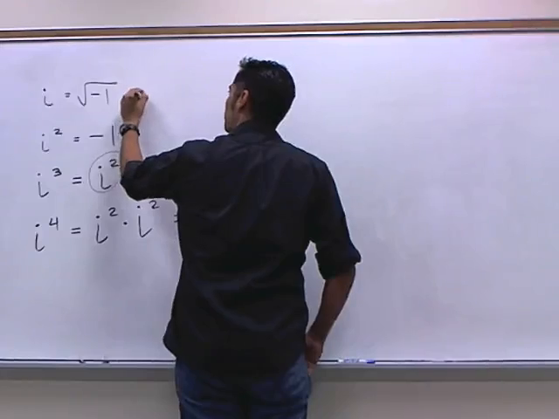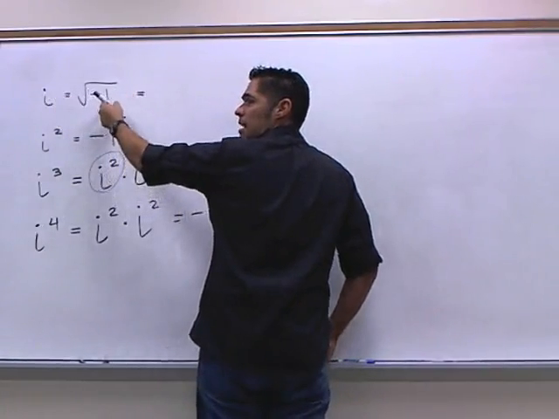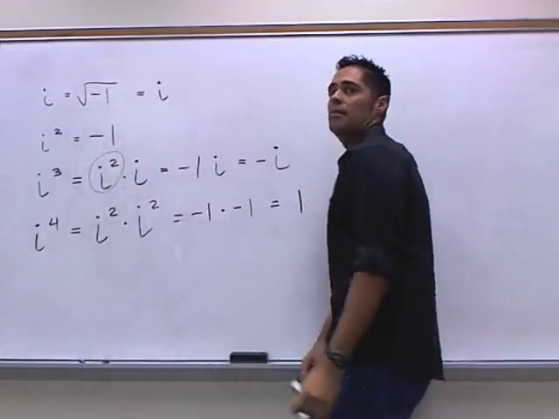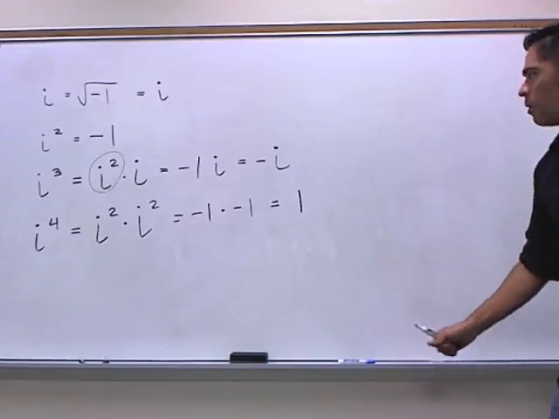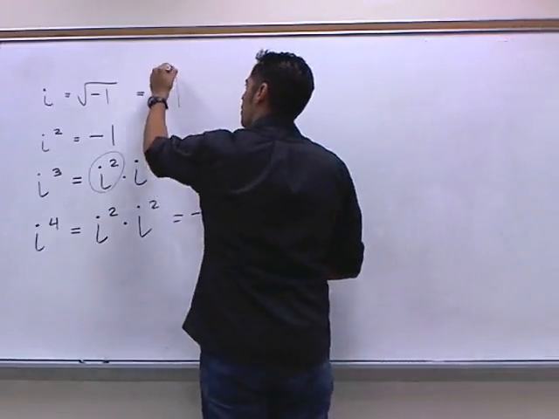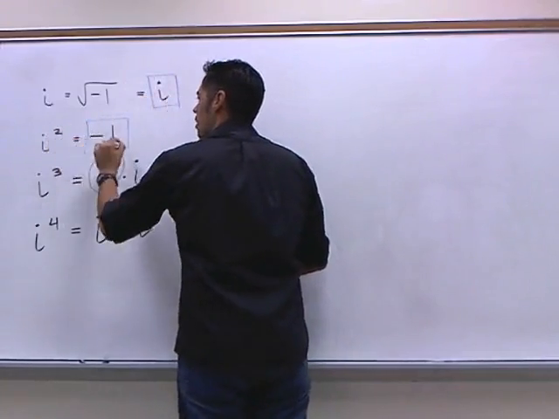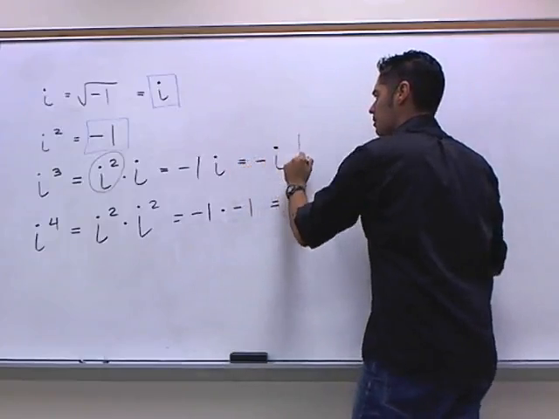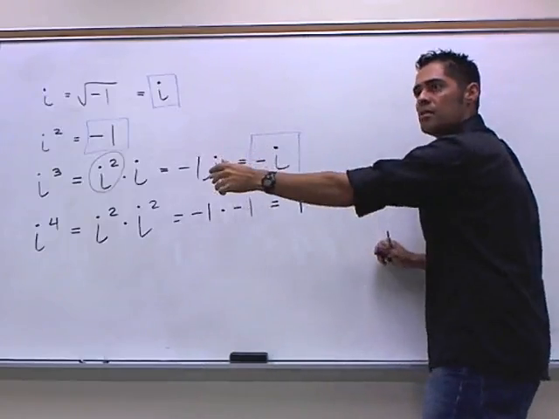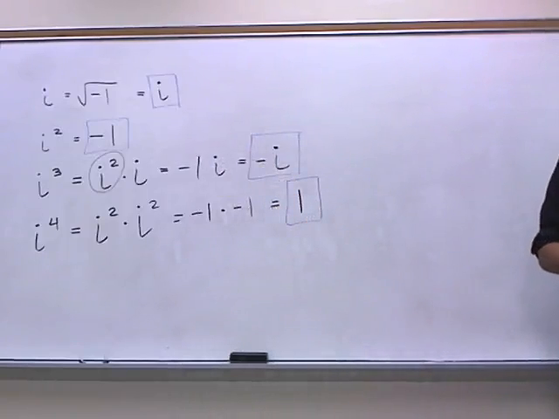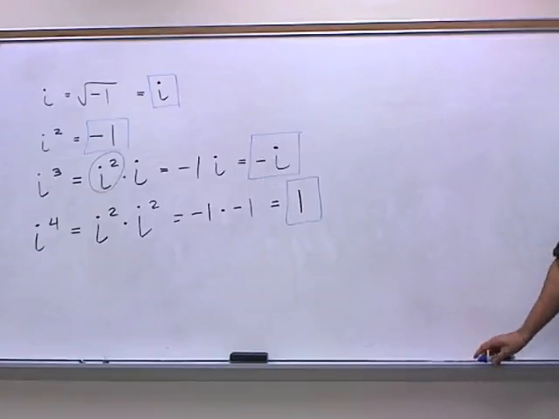I'm going to go back up here. i is this, right? By definition, that's how I defined it right at the beginning of the section. So i is i. When I square it, what do I get? -1. When I cube it, what do I get? -i. And when I raise it to the 4th power, what do I get? 1, right? You with me?